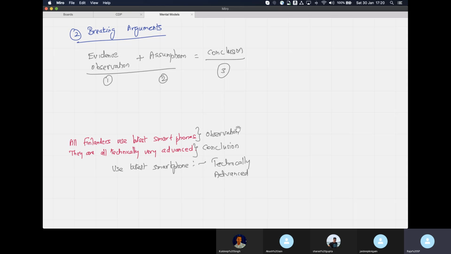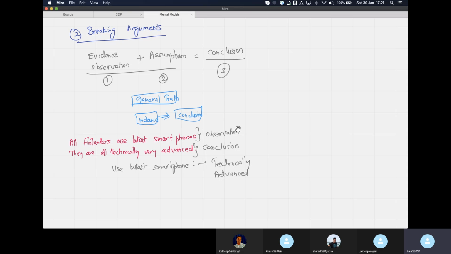Deduction logic is about a general truth, and then an instance of a particular version of the truth, and this leads to a conclusion that I'm making.